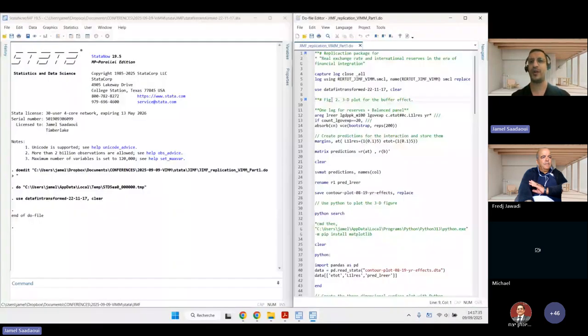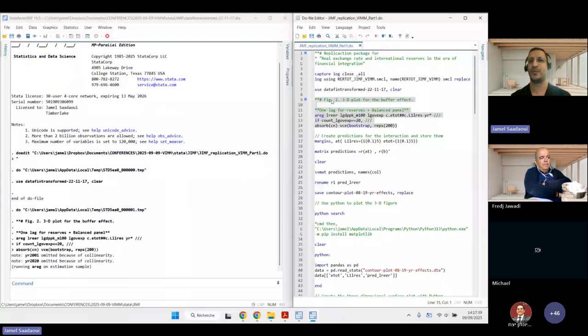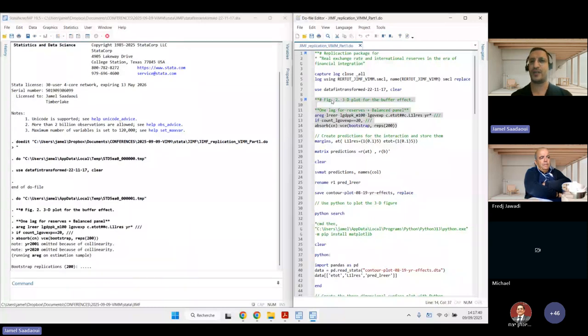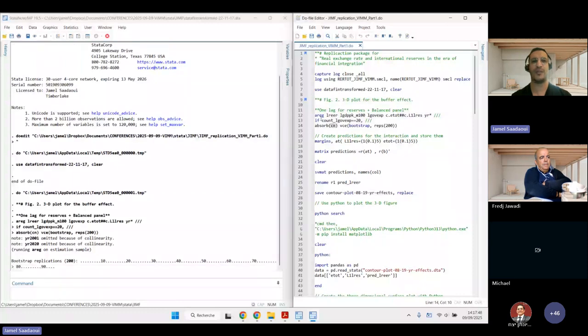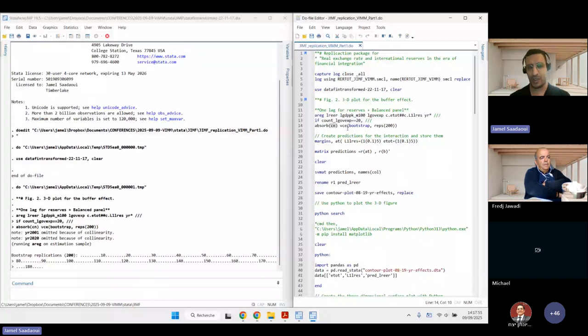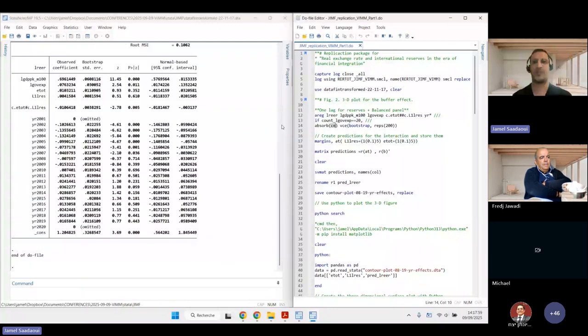So first we run a two-way fixed effect regression with year fixed effect that you can see here, and the country fixed effect, because I use the command areg in Stata, absorb the country code. In the paper, we used 10,000 bootstrap replications because we followed the recommendation of Bruce Hansen to have reliable standard errors.